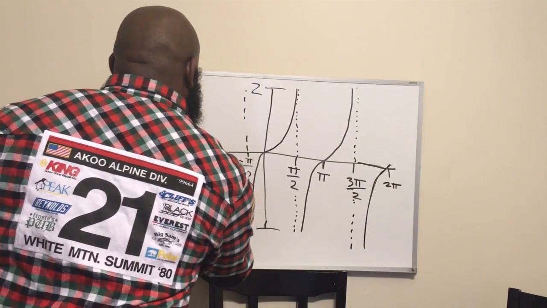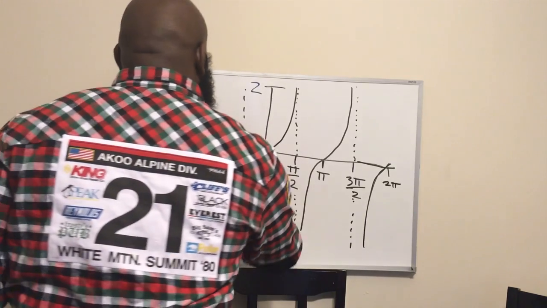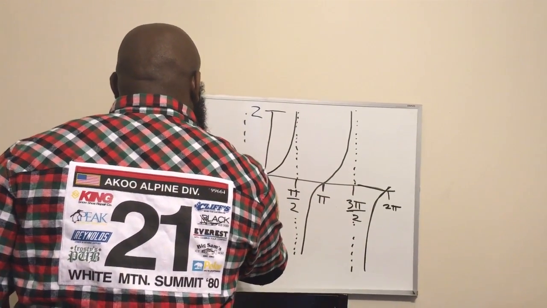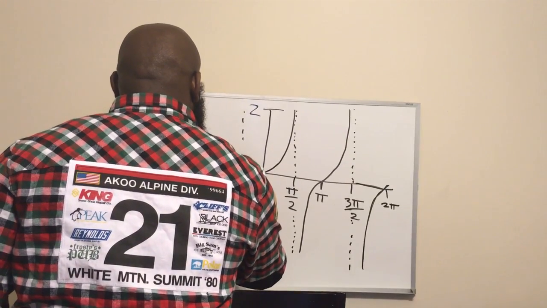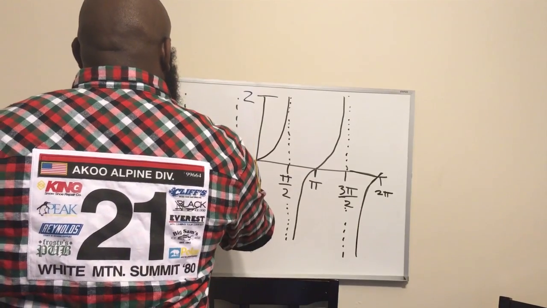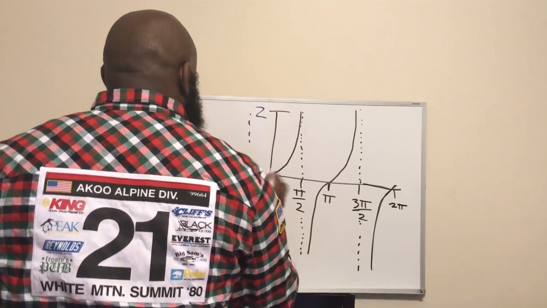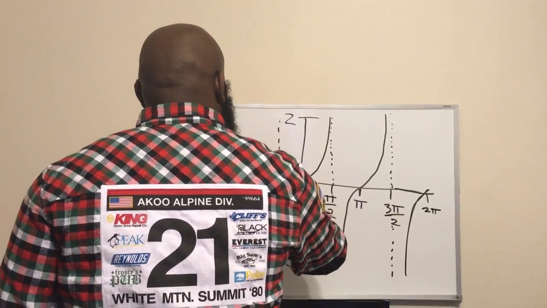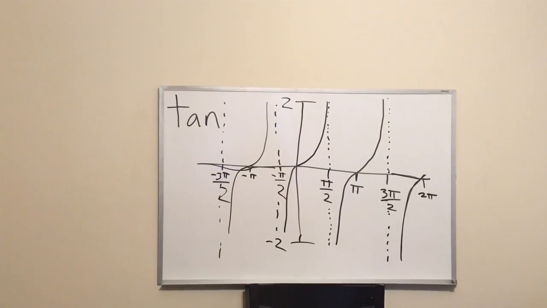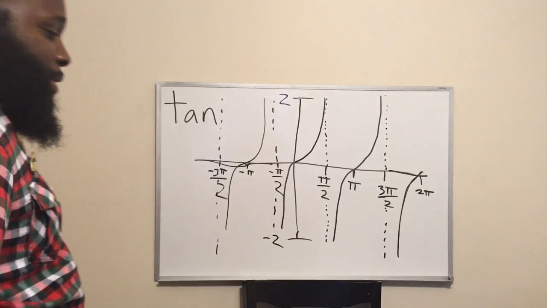If we were going even further, you put a negative pi right here and a negative 3 pi over 2 right here. And that right there is your graph of the tangent function.